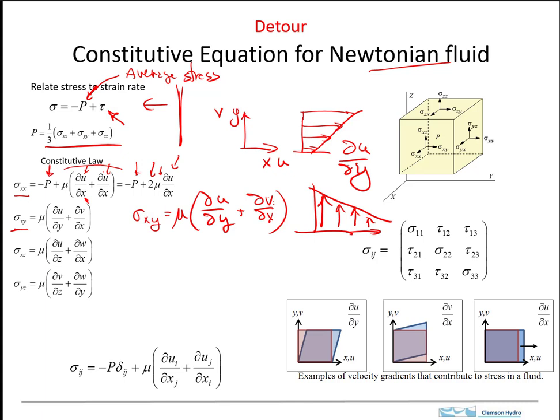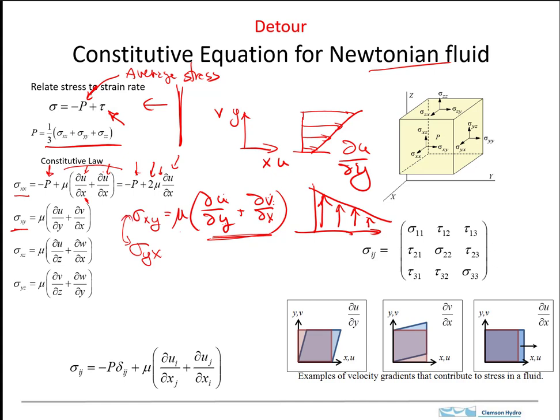So the shear stress that we're going to call sigma xy is the sum of these two velocity gradients times the viscosity. You can see also that if we had yx, then we would just flip these: this would be dv dx and this would be du dy, and it would be the same. So these two are the same.